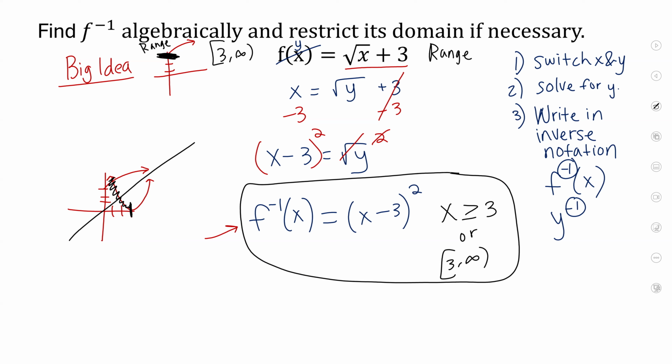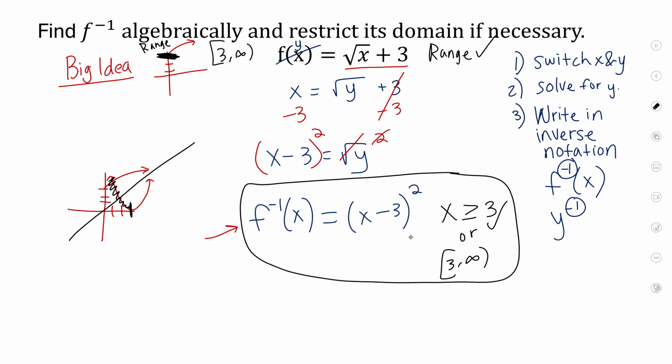The range here is now the domain here. If you just leave it like this without this part, this is wrong, because if you graph it, they don't look like reflections. So you need to add that restriction. You need to make sure you write the domain so that it looks like a reflection.